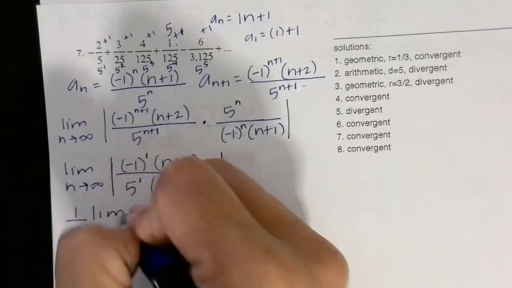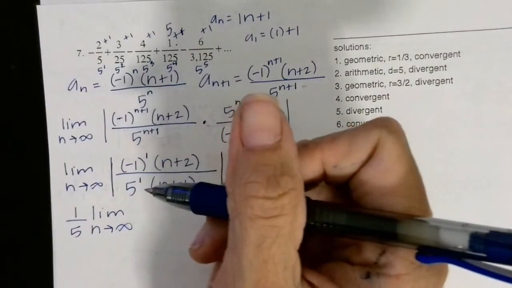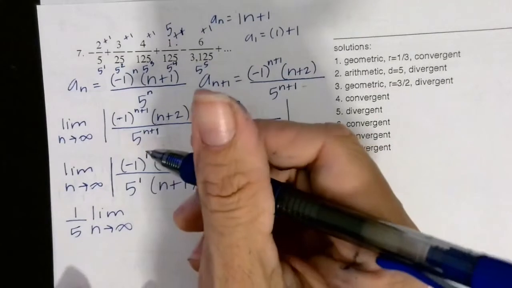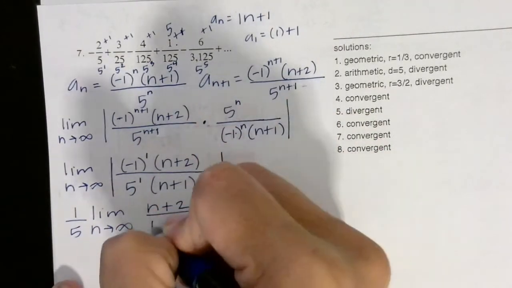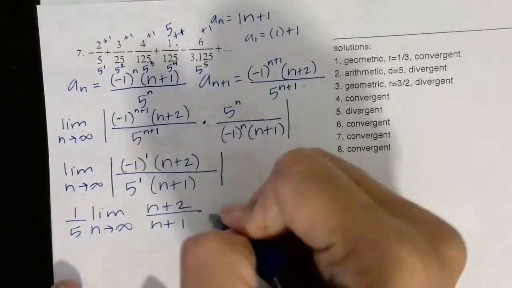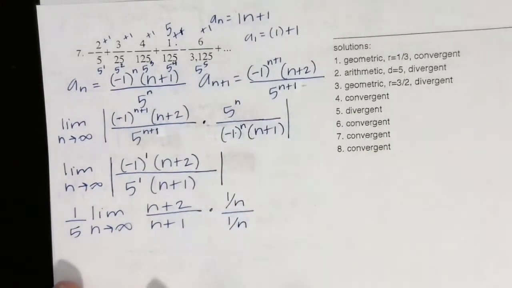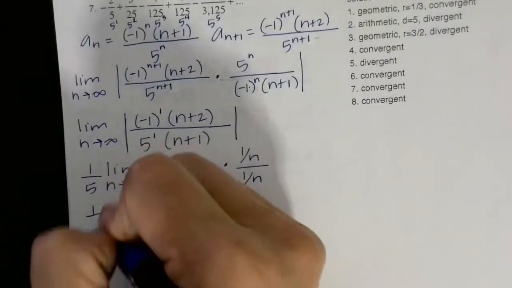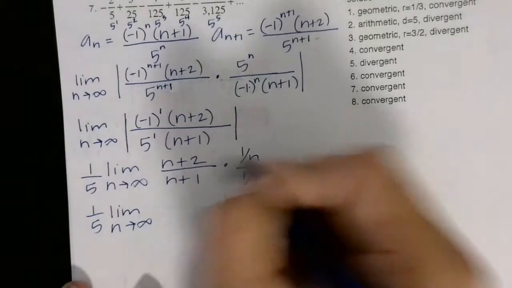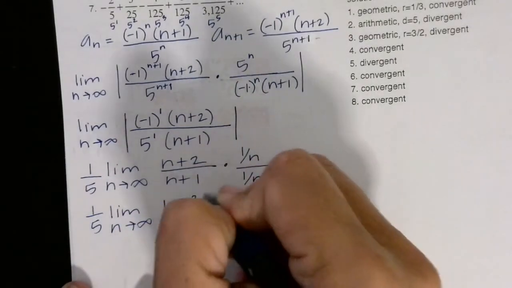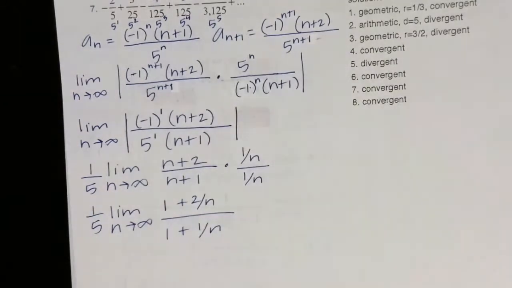And because I've done the absolute value, I no longer need the limit. And so we just have n plus 2 over n plus 1. Highest power divided by the highest power. I'm taking the shortcut and doing that. So I get 1/5, the limit as n goes to infinity, n divided by n plus 2 over n. I get to there.